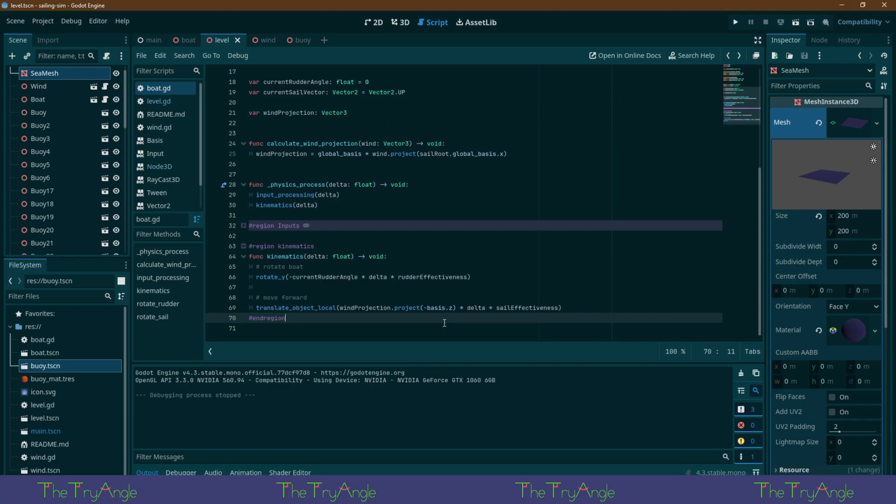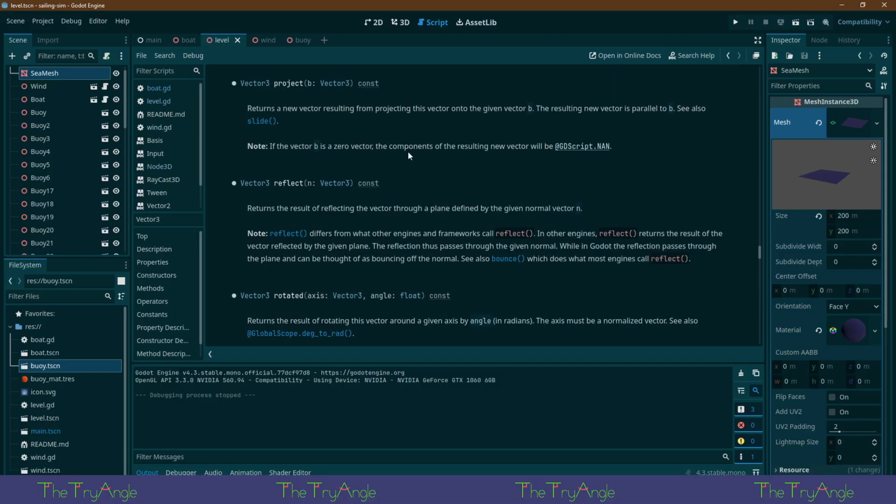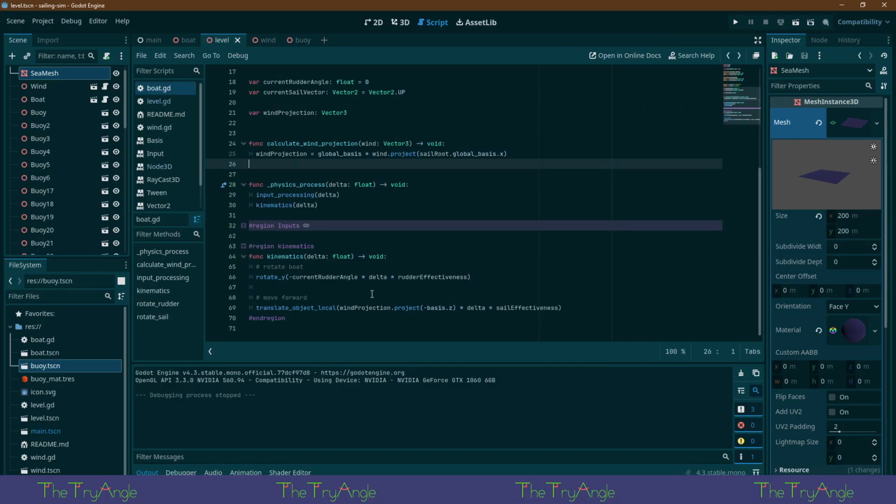It was before, wasn't it? No, we got to think of it. And if it's projected in this direction, we should only have one value. In fact, we'll print it here. We'll just say boat, call this the velocity.